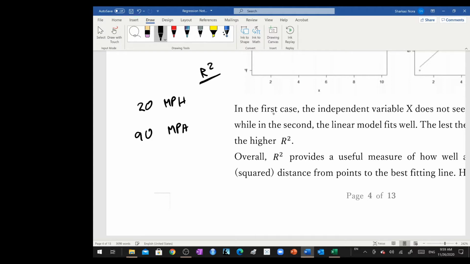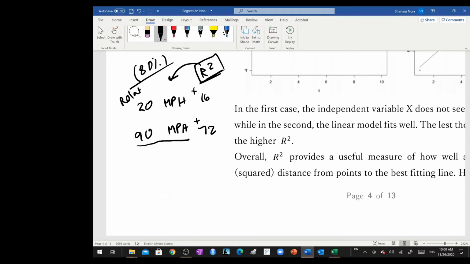This is the analogy for R-squared: it is as if you are saying that I am 80% faster. 80% faster of 20 means 16 extra miles per hour, while 80% faster of a base of 90 miles per hour means 72 extra miles per hour.